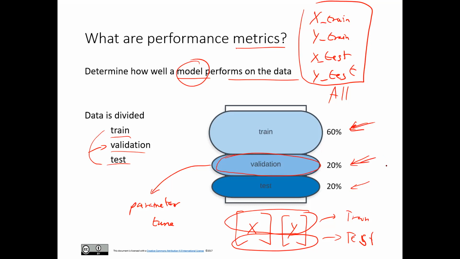So whenever we're doing performance evaluation, we need to split our data because we need to train our model. So we need to train our model with this one, right? And then we test our model with this one.